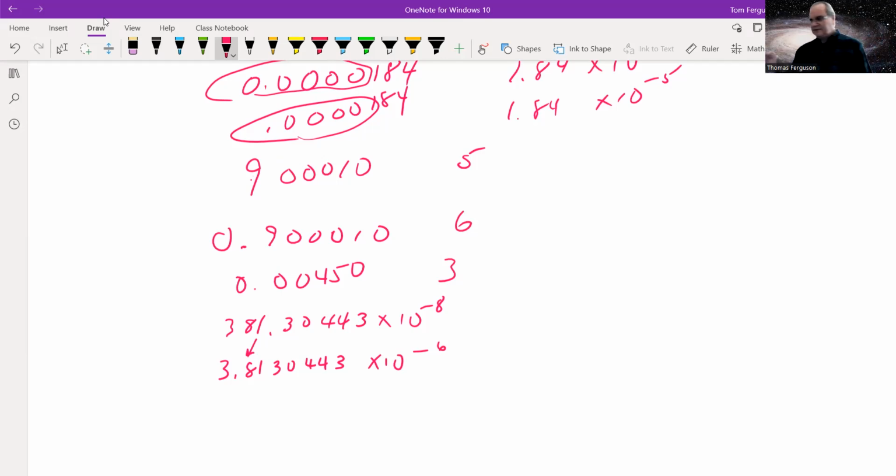All right, so 3 sig figs. So we go to the 4th place. That's 4 or 0. So we just drop everything. So the answer is 381 times 10 to the -6. If you put 381 times 10 to the -8, I gave you credit for it. But the lower one would be the proper scientific notation.